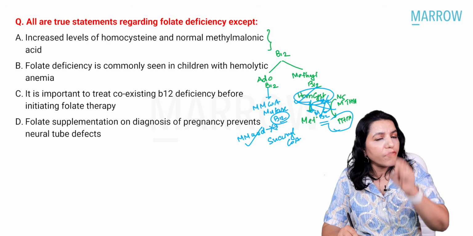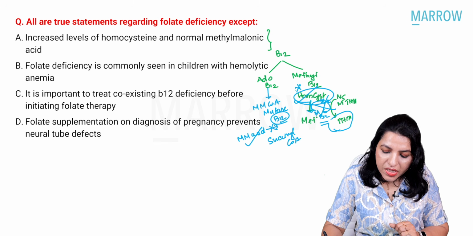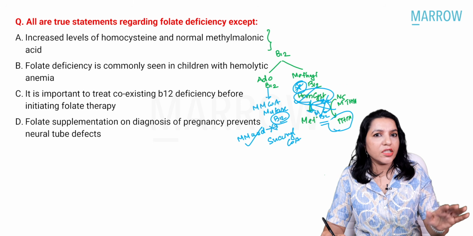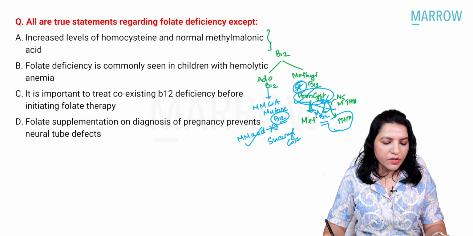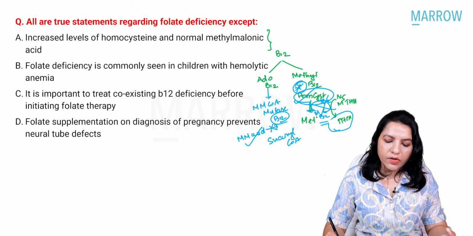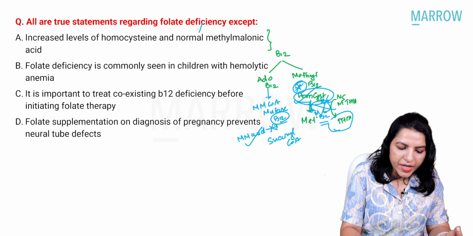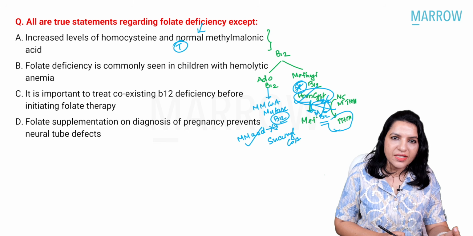Whereas if it is a folic acid deficiency, homocysteine accumulates, but methyl malonic acid is not affected because that requires exclusively B12. So the first option, increased level of homocysteine and normal methyl malonic acid, is definitely a feature of folate deficiency. That is a true statement for folic acid deficiency.